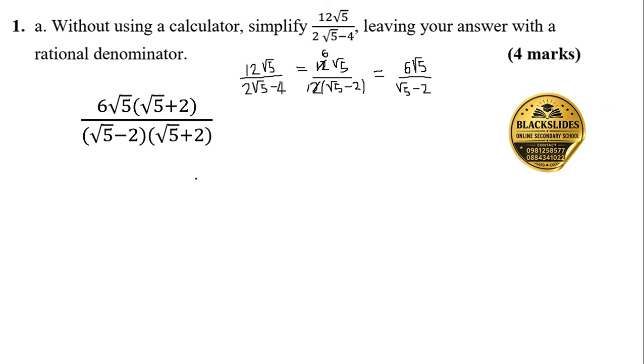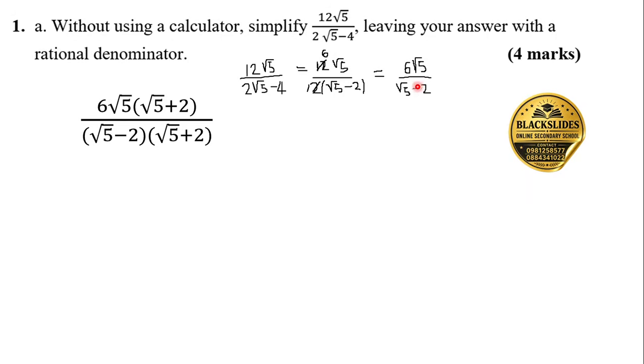So that's the expression we are going to work with to simplify this expression. So we have 6 root 5 divided by root 5 minus 2. Next we need to get rid of this root sign from the denominator.